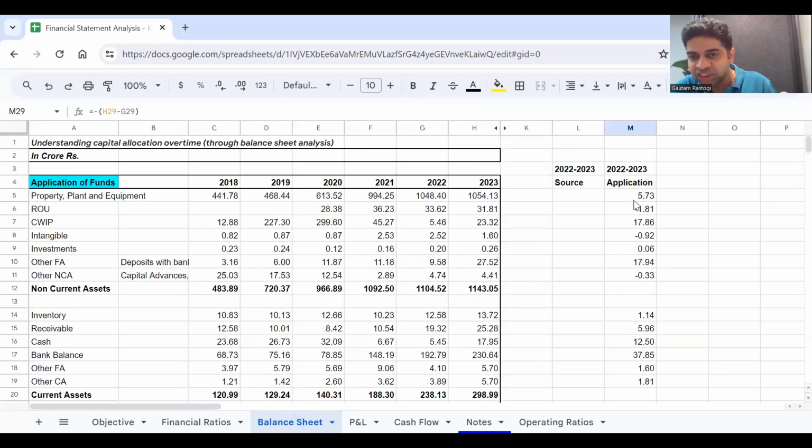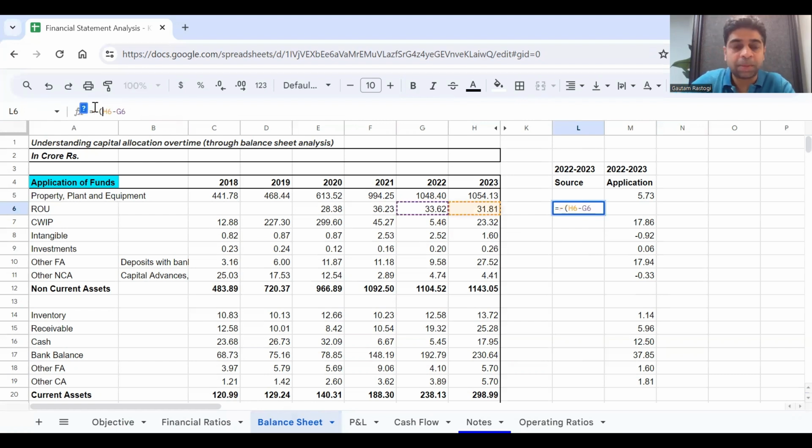So in the application side of the balance sheet, okay, all the negative numbers, okay, let's say this number, I know although this is small, okay. So if the number reduced from 22 to 23, it means it's not an application. It's a source, right? So I'll move it to the other side. It's not an application of fund, it's basically a source of fund. That's what I'm doing.